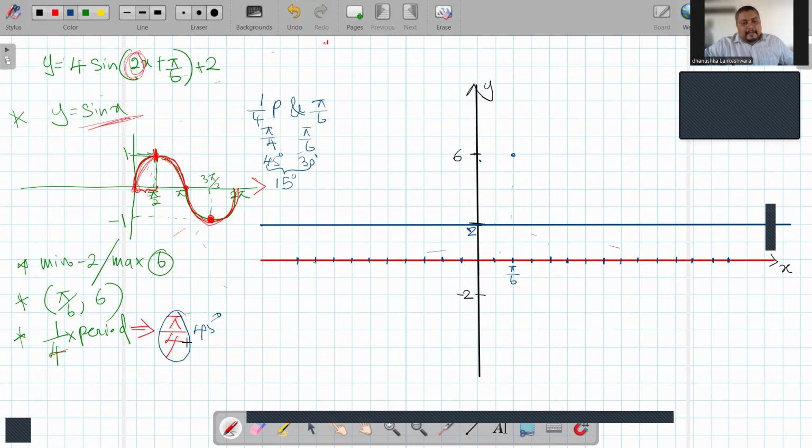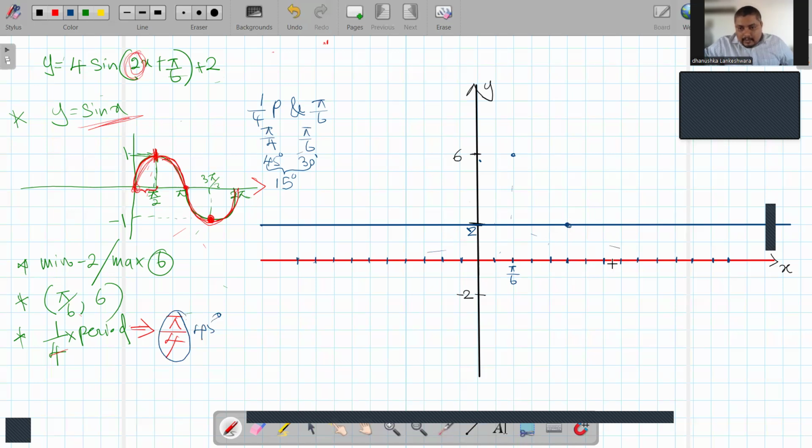So 1/4 of the period means pi over 4, which means 45 degrees. 45 degrees means how many units? 3 units: 15, 15, 15. So when it is pi over 4, 1, 2, 3, it comes over here.